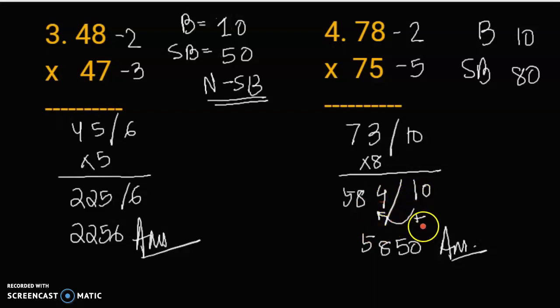So 4 plus 1 gives you 5 by adding. So our final answer becomes 5810. Sorry, 5850, because 4 and 1 you have added. So 5850. That is your answer.